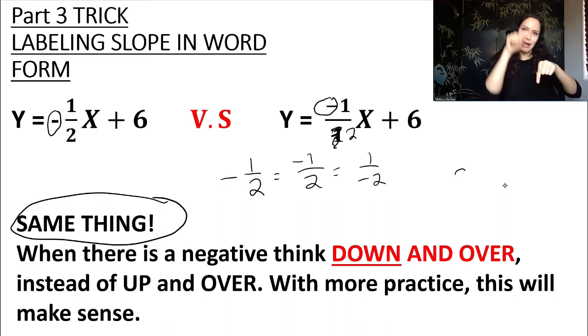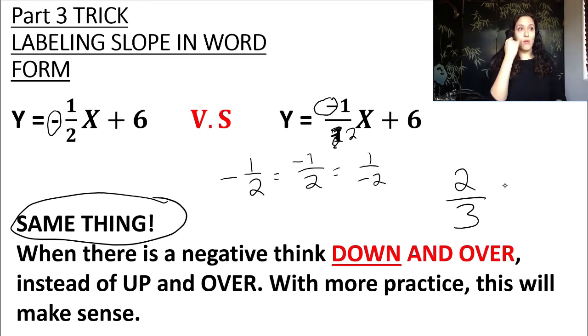What I mean by up and over: if I have a slope of 2/3, it's up 2, over to the right 3. Now, if it's negative, it's down 2 to the right 3. But if I had it like this, it would be down 2 to the left 3 because it's negative. Remember, the numerator represents up and down.